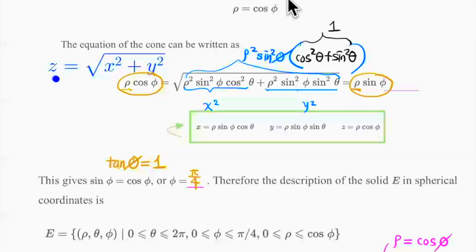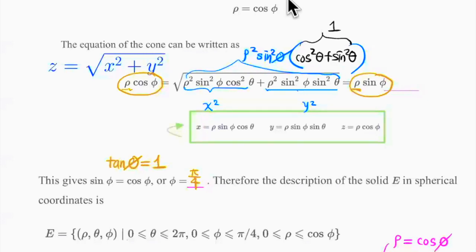We got the equation for the cone is z equal to square root of x squared plus y squared. Remember z is equal to rho times cosine of phi. So we replace z by rho times cosine of phi.